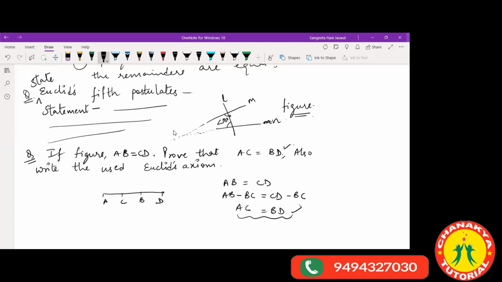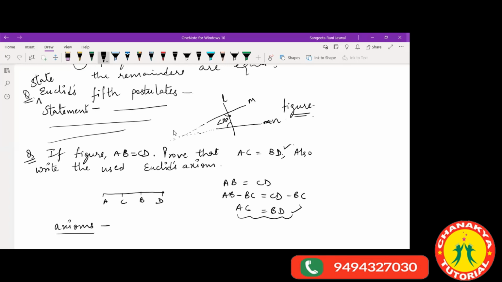We have done. Now what axiom follows here? Ma'am, if equals are subtracted from equals, the remainders are equal. Very nice. If equals are subtracted from equals, the remainders are equal. Okay, when you subtract something, you get the remainder, no? Please write the axiom that follows.